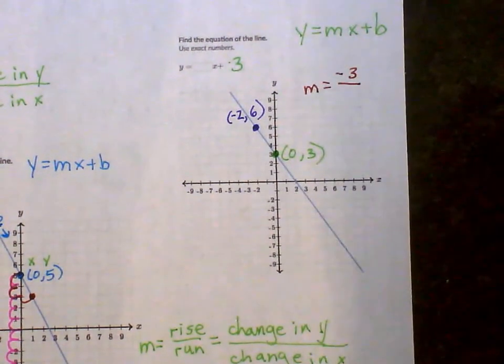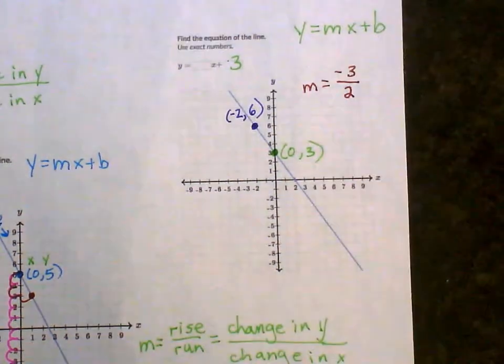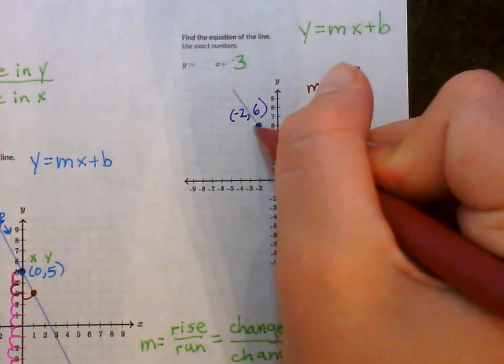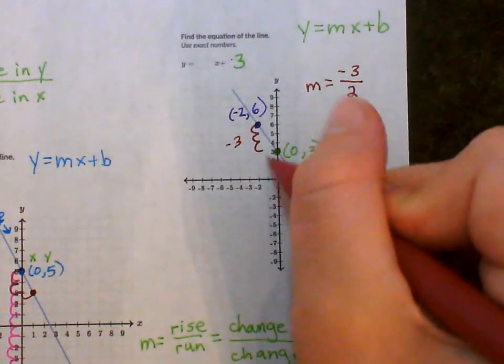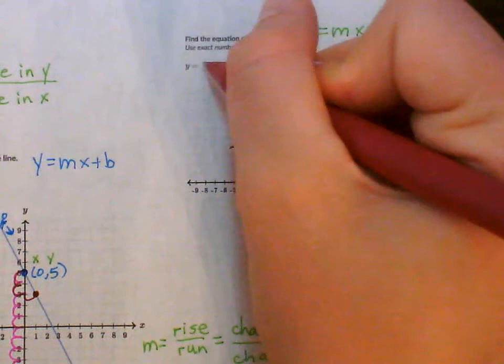Negative 2 to 0, we increased, we got bigger by positive 2. So the slope should be negative 3 over 2. So let me check that. Drop 1, 2, 3. Run 1, 2. Negative 3 over 2 indeed.